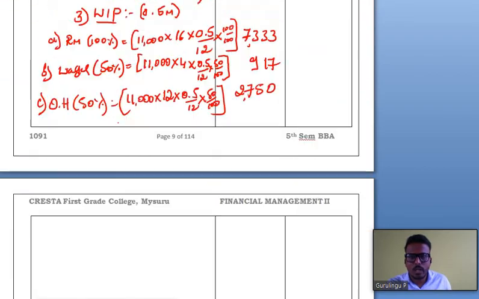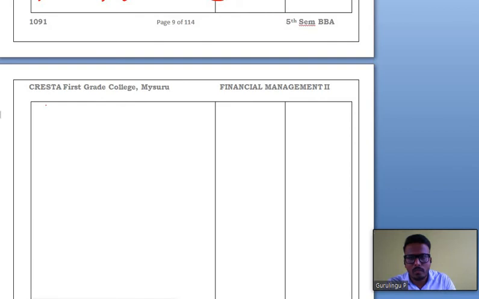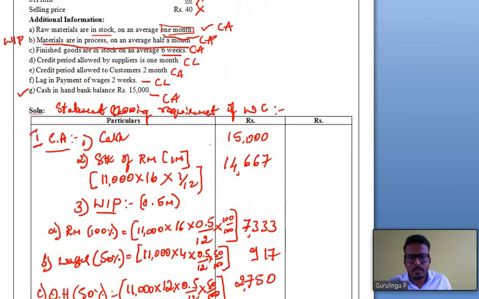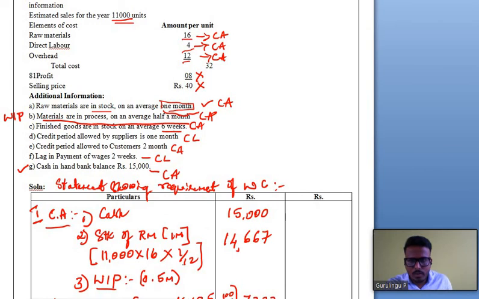Finished goods are in stock average of how many weeks? 6 weeks. So these 6 weeks can be converted into months. How? 1 month you will be having 4 weeks, so half month you will be having 2 weeks. Total 6 weeks they are given, 1.5 months. We can take 1.5 months.